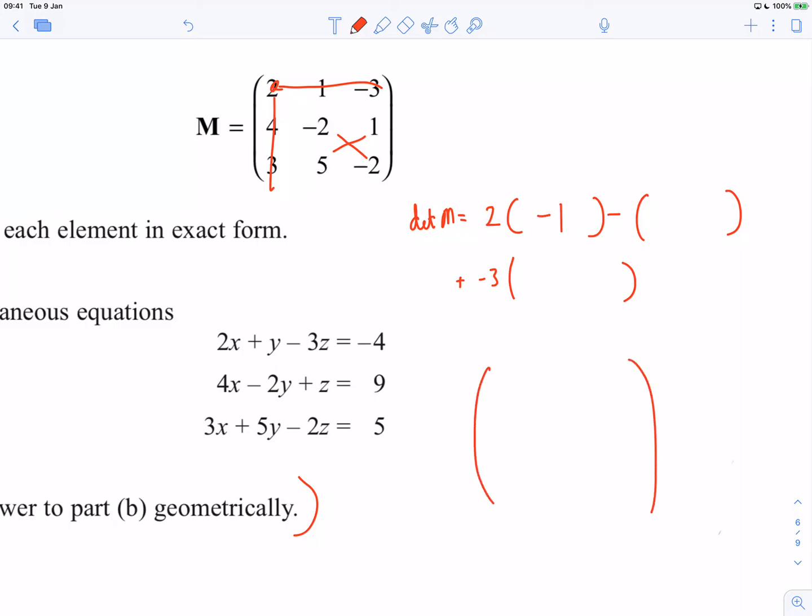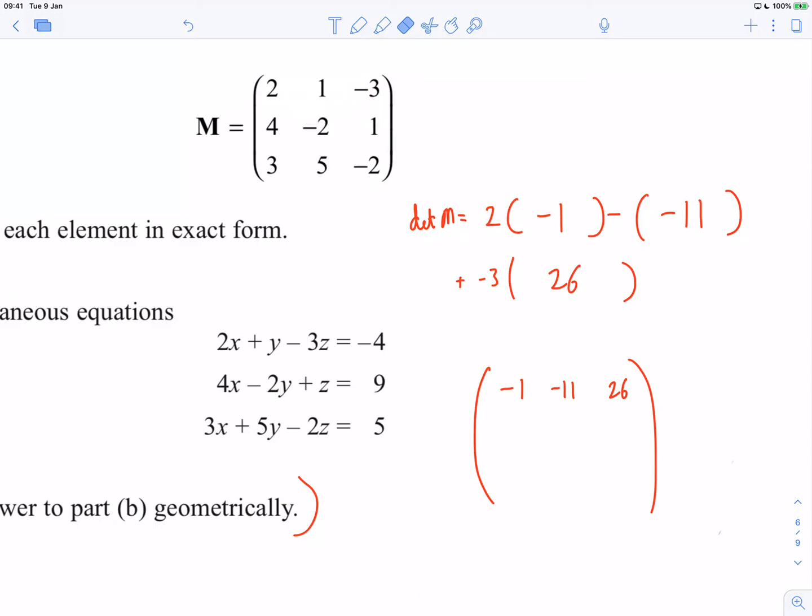And when I'm thinking about my matrix of minors, I'm going to put a minus 1 there because I've already done that. Next up, for this one, I've got 4 times minus 2, which is minus 8, minus a 1, which is minus 11. So I'm going to put a minus 11 there as well to save some time. And then for here, I've got 4 times 5, which is 20, minus a minus 2 times 3, so 20 plus 6 is 26. So I'm going to put a 26 there, and then we're done.